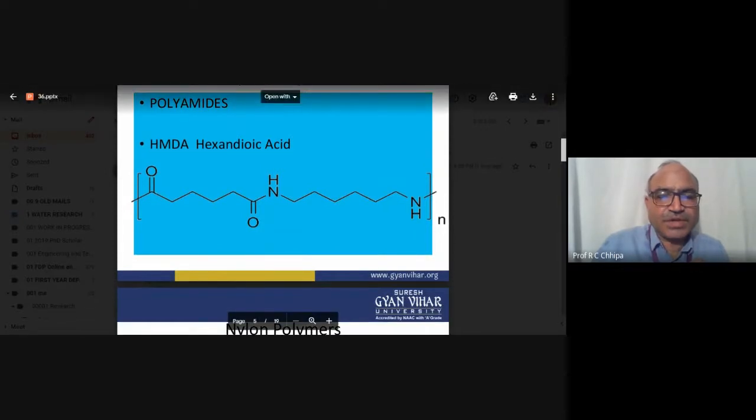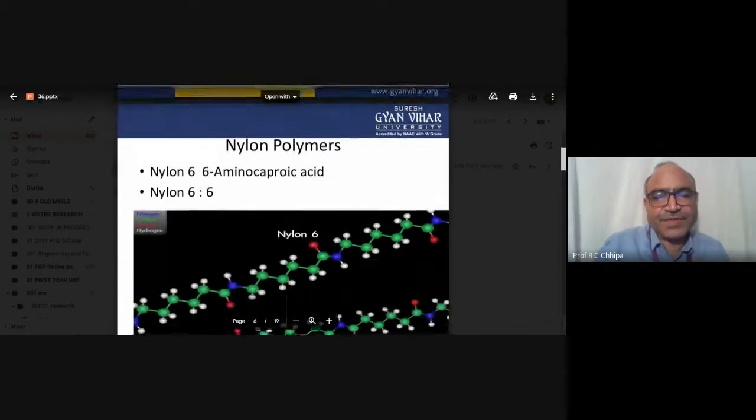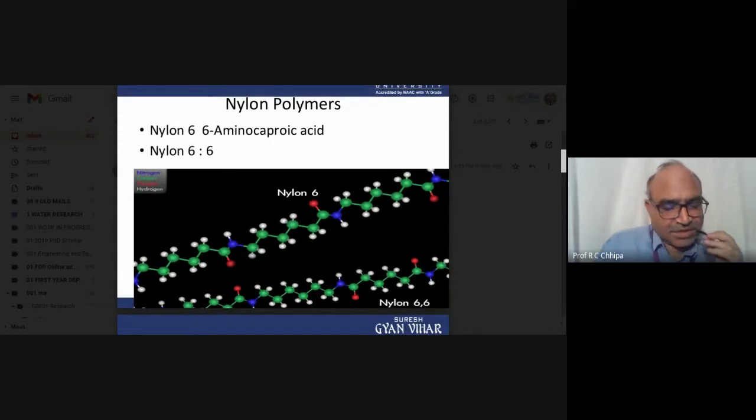Carbon double bond oxygen, the picture is the same, but the difference is there. This product is nylon 6,6. So there is a basic difference between nylon 6 and nylon 6,6. In nylon 6, there are only six carbon atoms, and they have the amide.